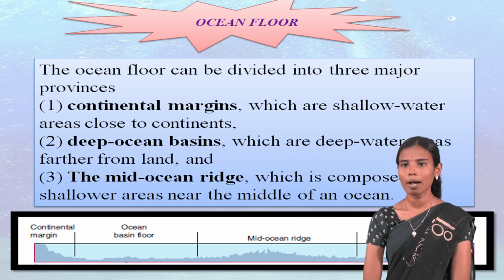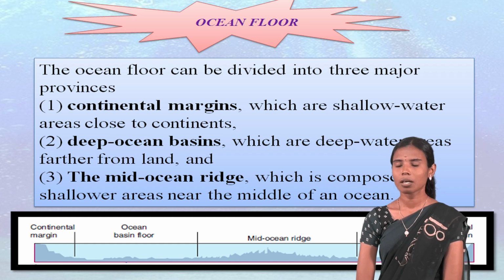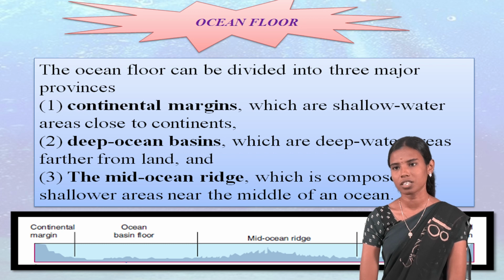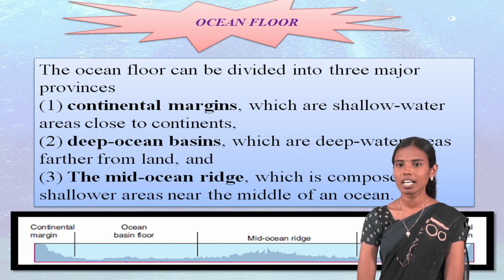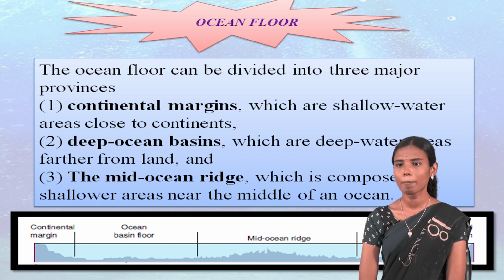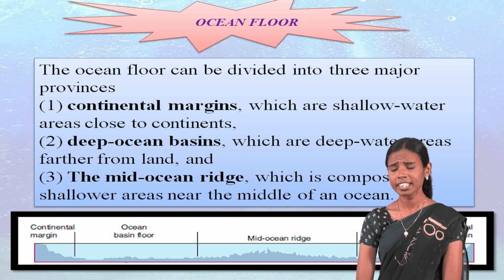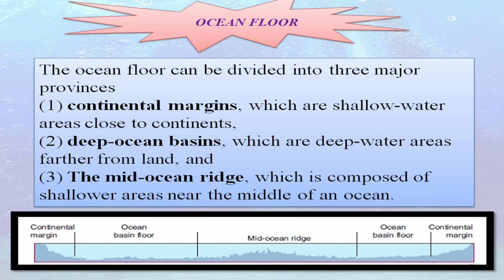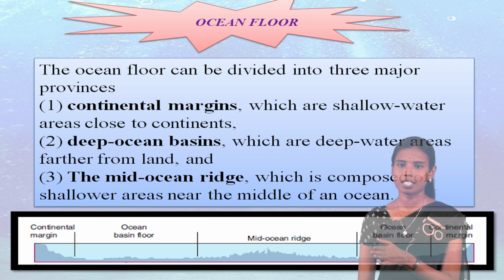And the third one is the mid-oceanic ridges. The mid-oceanic ridge is a feature of divergent plate boundaries, composed of shallower area near the middle of the ocean. In the picture, you can see the continental margin, the ocean basin and the mid-oceanic ridges.